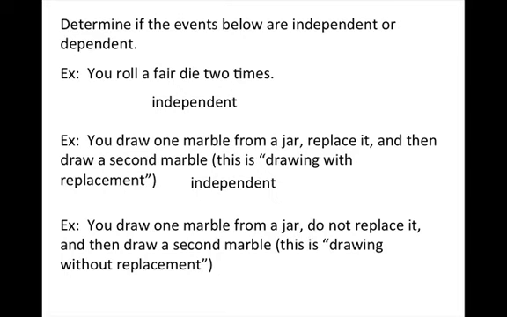Since I don't put it back, for my second draw, I don't have the option of drawing a blue marble. So that first draw affected the outcome of my second draw, so these are dependent. Anytime you draw with replacement, the outcomes are independent. Anytime you draw without replacement, the outcomes are dependent.